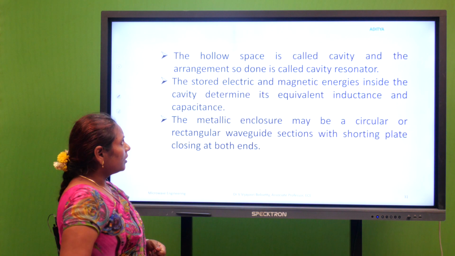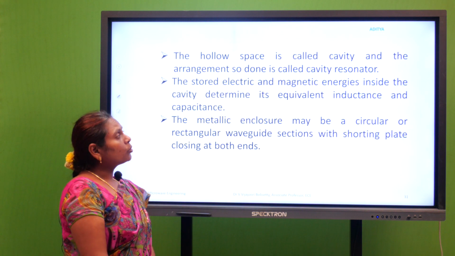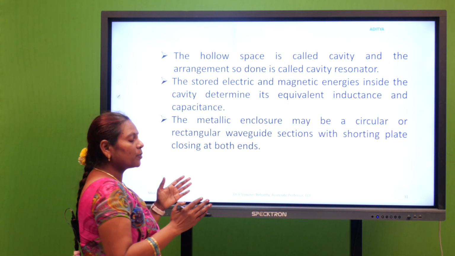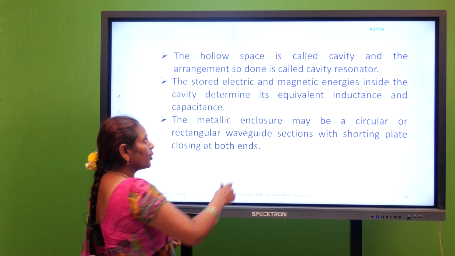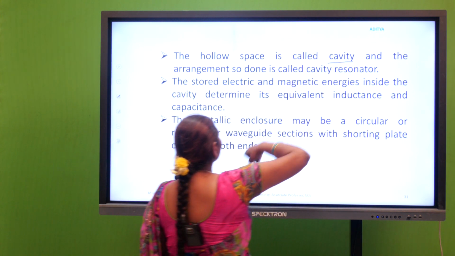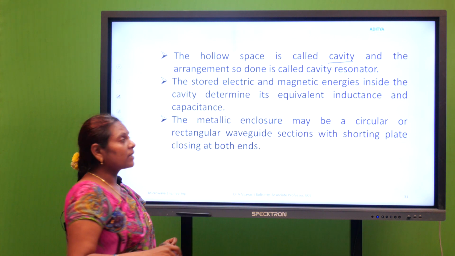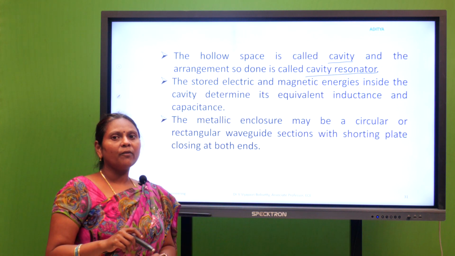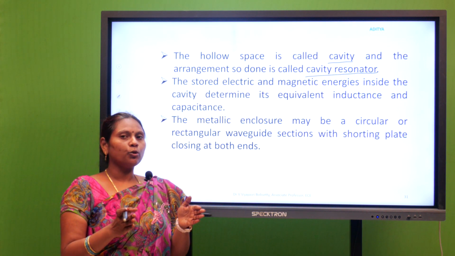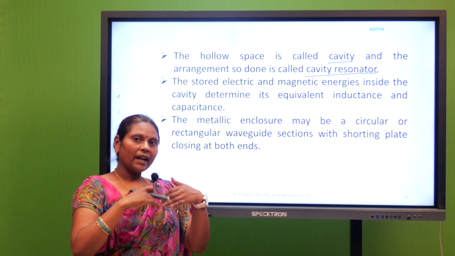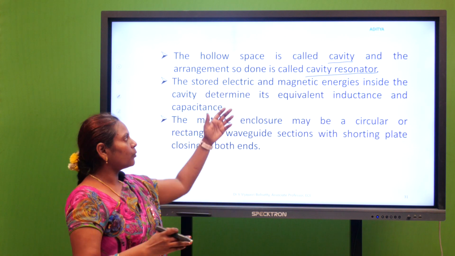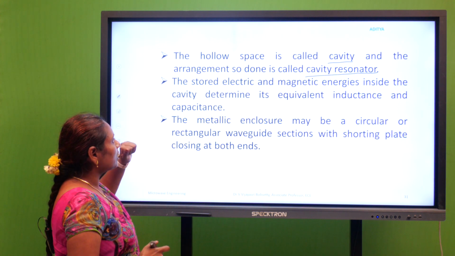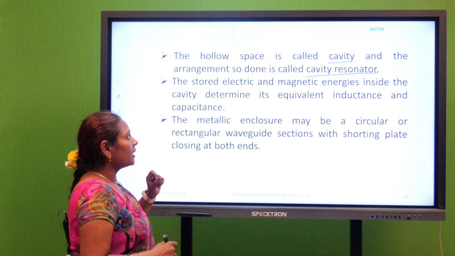Now let us see, what do we call this hollow space? In this waveguide, the hollow space itself, that means the distance between the two shorting plates, we call the cavity, and the entire arrangement we call the cavity resonator. Whether it is a rectangular waveguide or a circular waveguide, the hollow space between the two shorting plates is called the cavity, and the entire waveguide with the shorting plates together we call a cavity resonator. This cavity resonator is used to store electromagnetic energy.